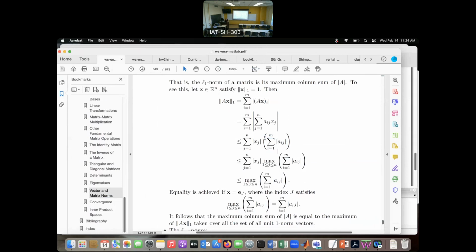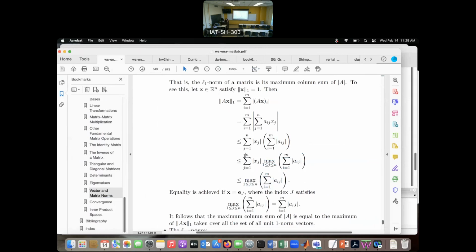So then I can certainly bound the column J sum by whatever the maximum column sum is. But this expression right here, because I'm taking the maximum over all J, is now independent of this J right here. So I can take this maximum and pull it out of the summation.